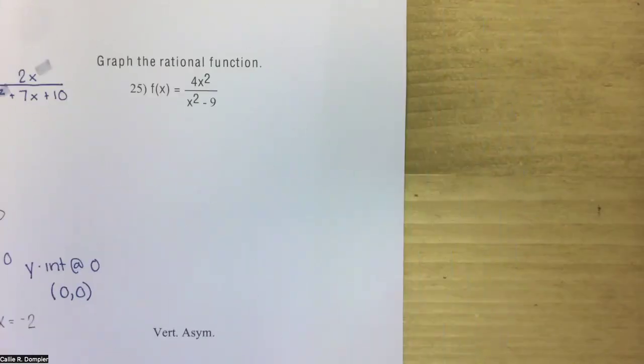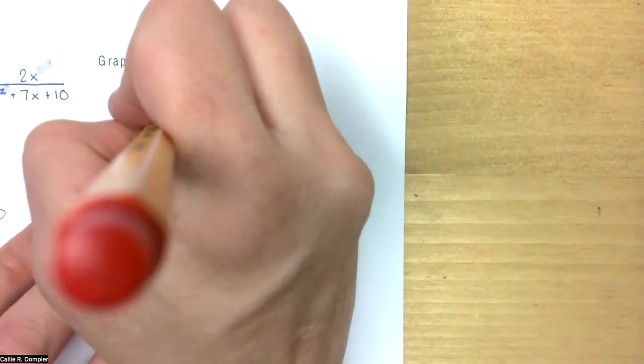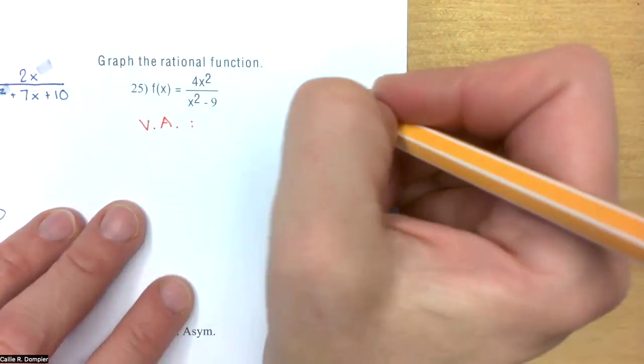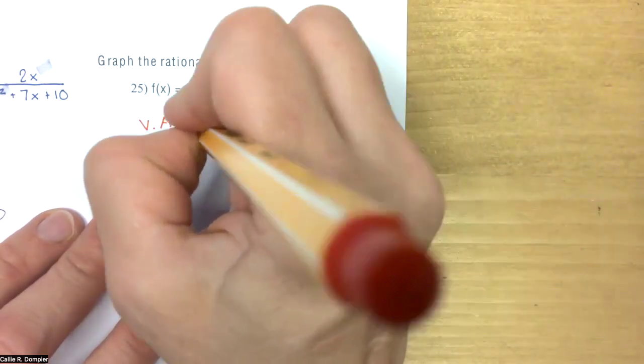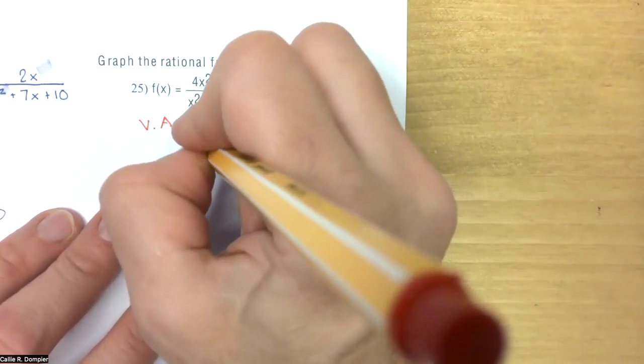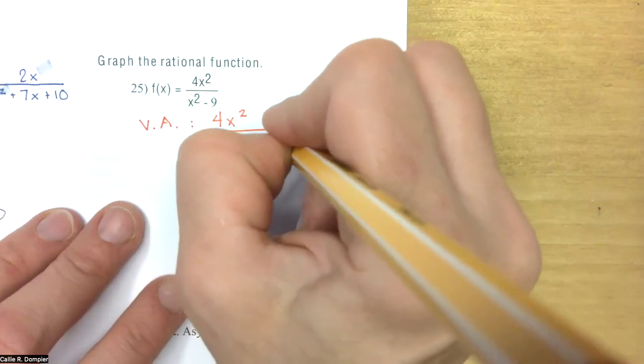We've got f of x equals 4x squared divided by x squared minus 9. Vertical asymptotes. I want you to factor it. So we have 4x squared on the top. X squared minus 9 would be x plus 3, x minus 3.